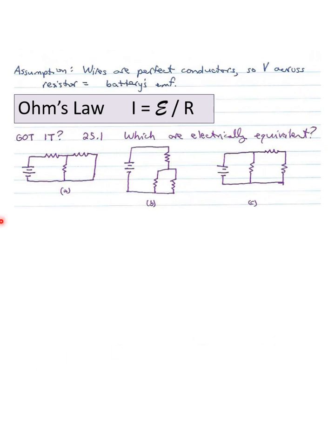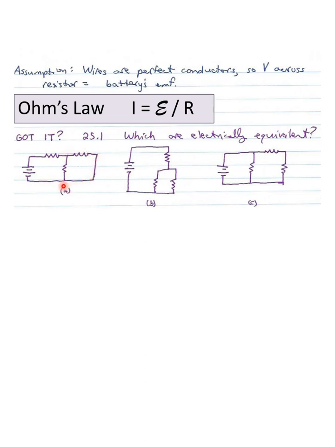So if you look at circuit A, you can trace what the current is doing. It goes through a circuit. As it goes through the circuit, it goes through a resistor. At that point, the current will divide up. It'll go down and it'll go to the right. So it'll divide up between these two resistors that are actually in parallel to each other.